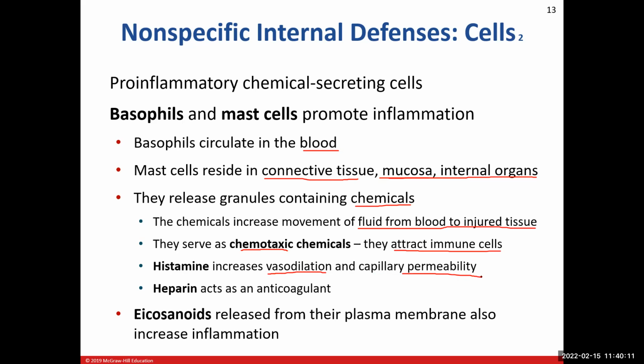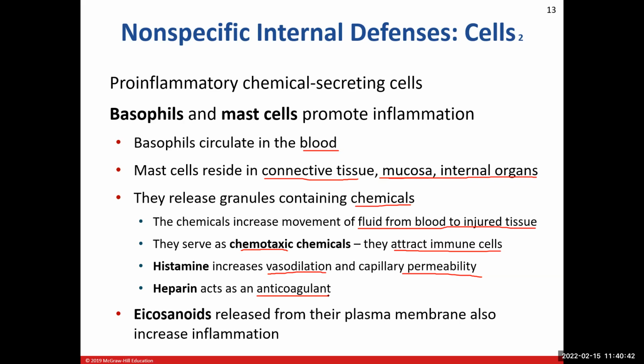So histamine is going to increase vasodilation and make the capillaries leaky, while at the same time we have heparin being released so we don't clot the blood. Because if we clot the blood, then we can't get things into that area yet. So we don't want the blood clotting quite yet. We need to get a nice flow, so we can get more immune cells to that area there.